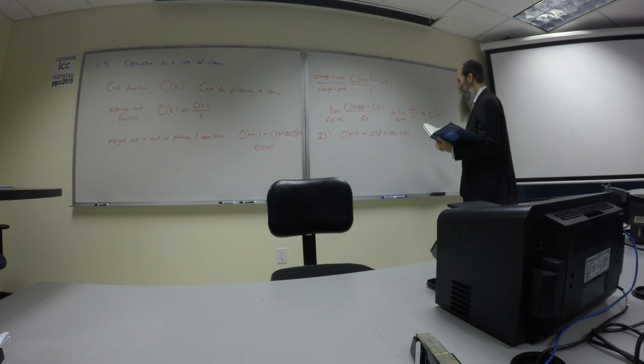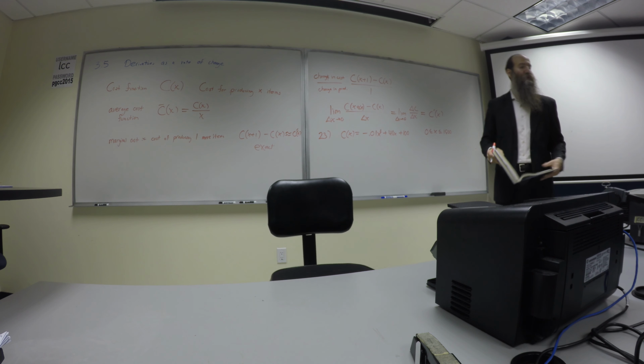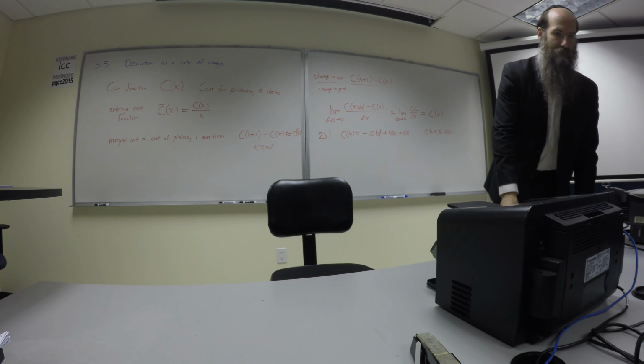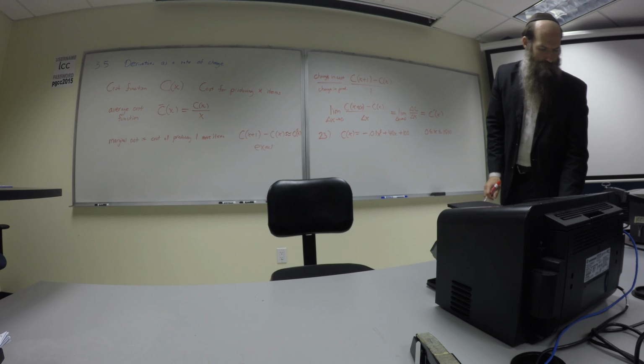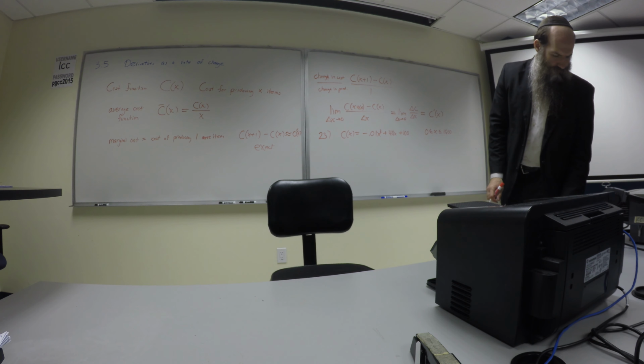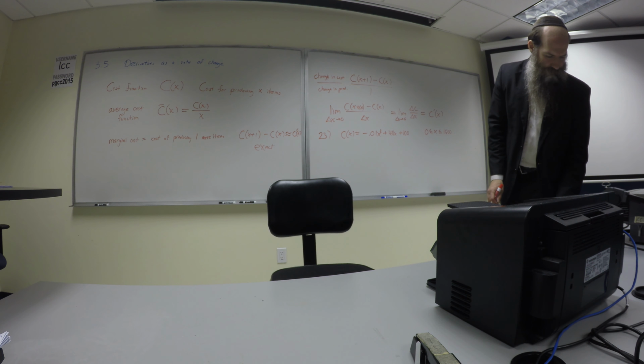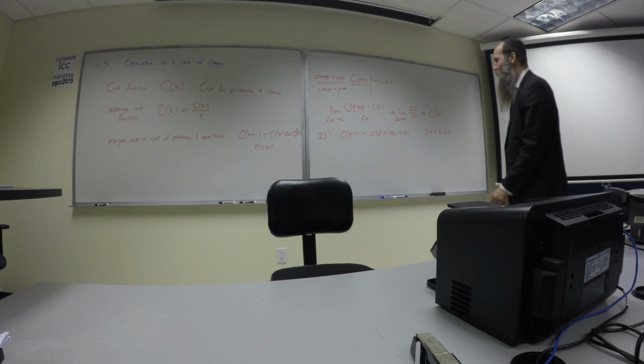The interval we have to worry about is 0 until 1500, so they're only going to let us produce 1500 things at most. Find the average cost and marginal cost functions. Average cost and marginal cost.